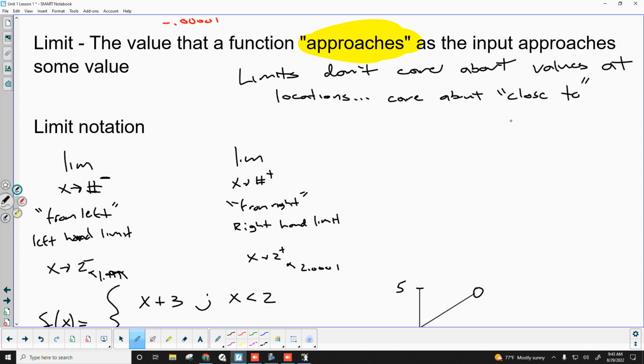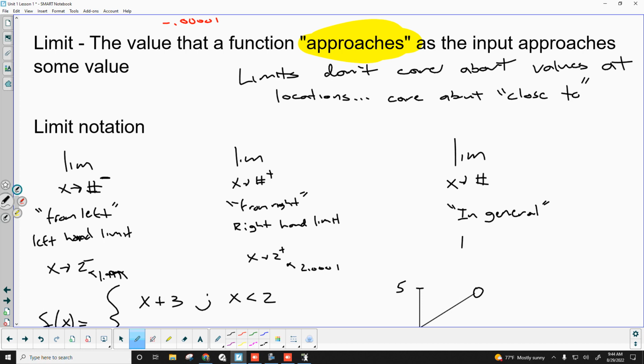Now, you will also be asked limit questions, but without a plus or minus. This is what I'll call in general. Now, the only way we can confidently answer an in general limit, this is very important, guys. You're asked for a limit in general.